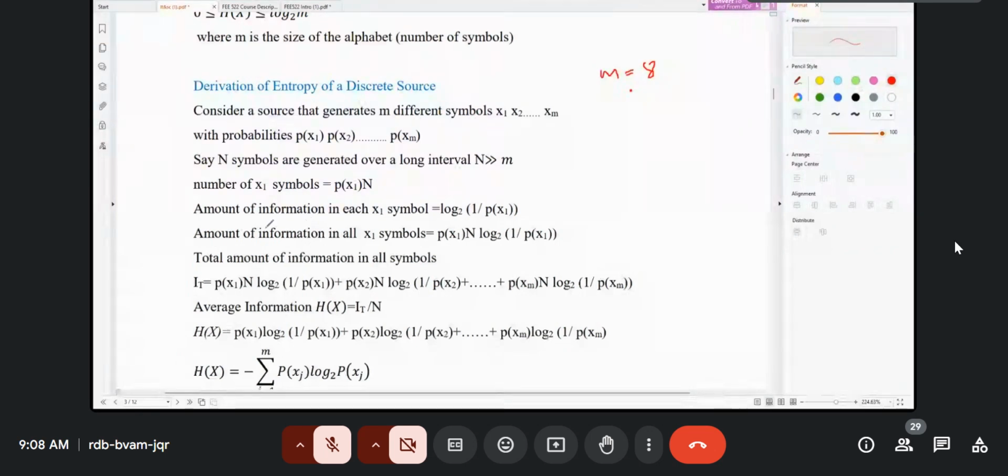The amount of information in each x1 symbol is, by definition, log2 of 1 over P(x1). The number of x1 symbols is P(x1)N, and each carries that amount of information, so you simply multiply the two.